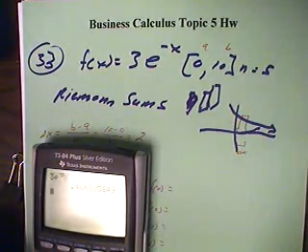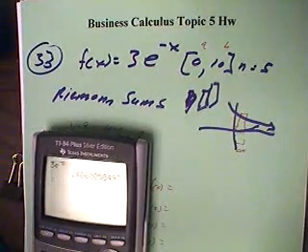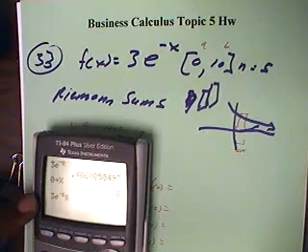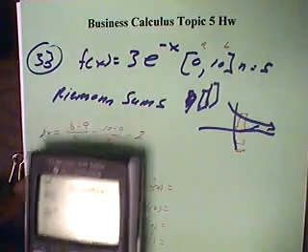Alright, now I need to start putting in values for x. So 0 store x, and now I will bring my equation back, 3e to the negative x, and we get 3.